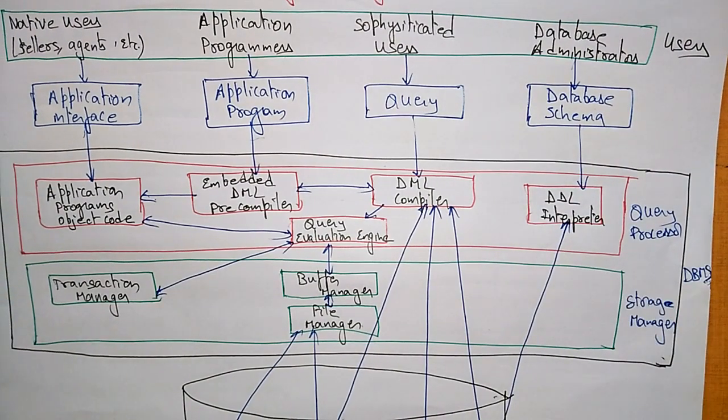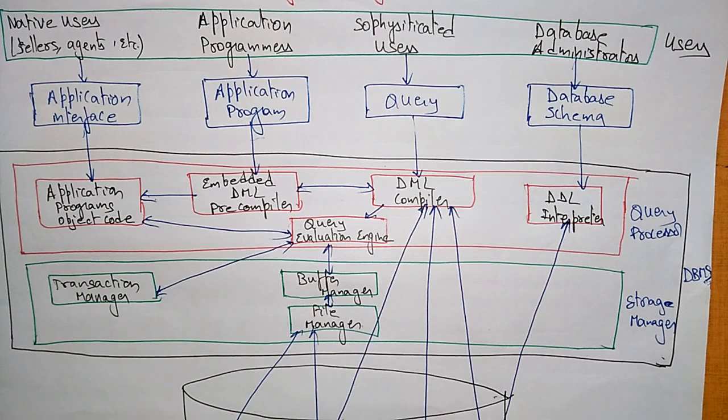Suppose you are the user and you want to get some data from the database. What will you do? You just open the page, for example Gmail, where you want to store your relevant files in the database. Whenever you open Gmail, you are just seeing the screen, that's it.